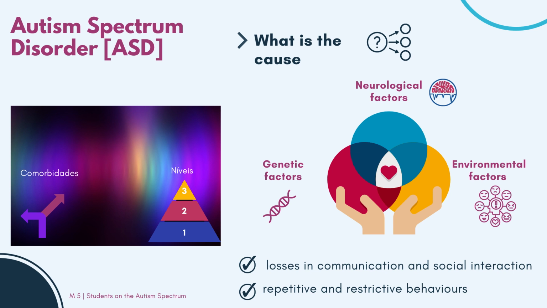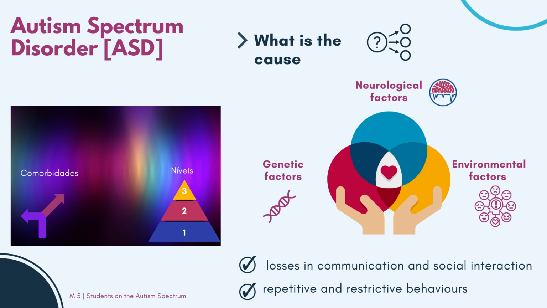There are 2 factors that must be present to confirm that a person has autism. The so-called diagnostic criteria are the presence of impairment in communication and social interaction and the existence of repetitive and restrictive behaviors. Each person with autistic spectrum disorder will manifest these 2 elements in different levels of intensity, which will define where he is in the autistic spectrum.